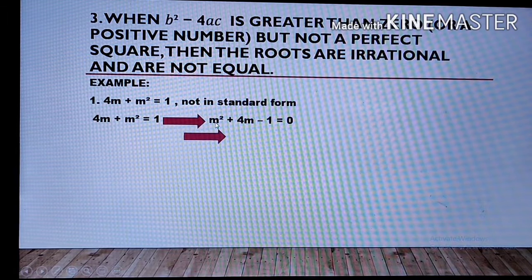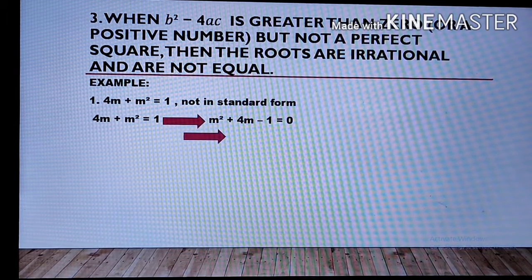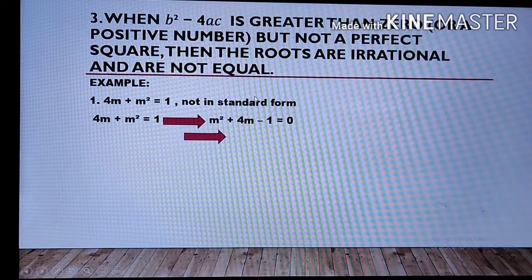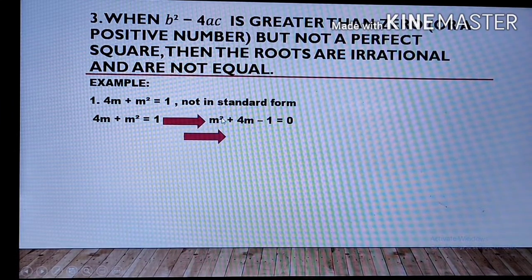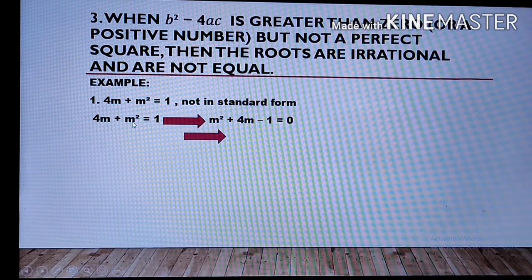Pero hindi yung sign niya hindi ma-change kasi hindi naman siya transpose to other side. Yung position niya lang ang magbabago, from second term kasi nasa left side lang siya.